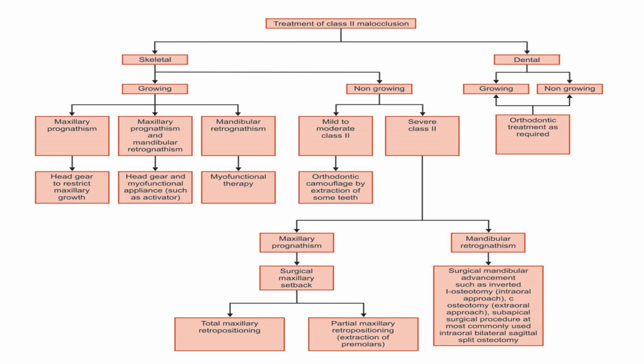Now, for skeletal problems, it's different whether the patient is growing or non-growing. In a growing patient, we can use either myofunctional appliances or headgear, or a combination of both, depending on where the skeletal problem is, whether it's in the maxilla, in the mandible, or in both.